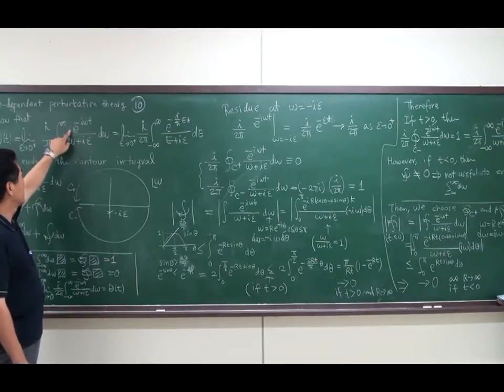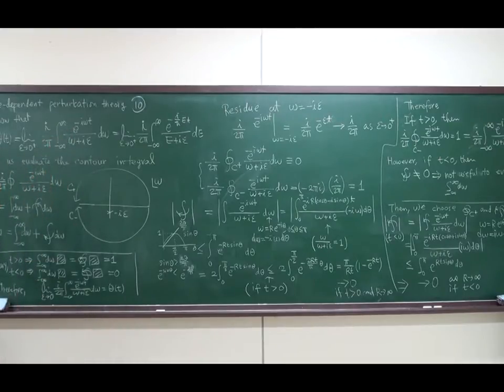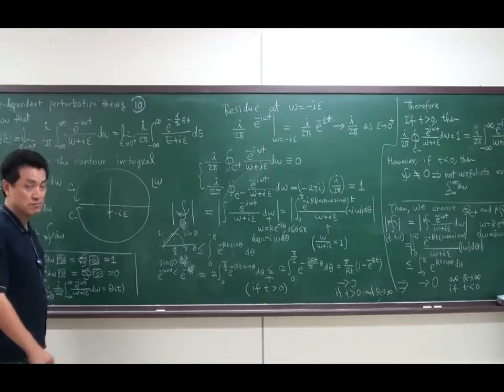We have in the numerator of the integrand, exponential minus i omega t. In the denominator, we have omega plus i epsilon.